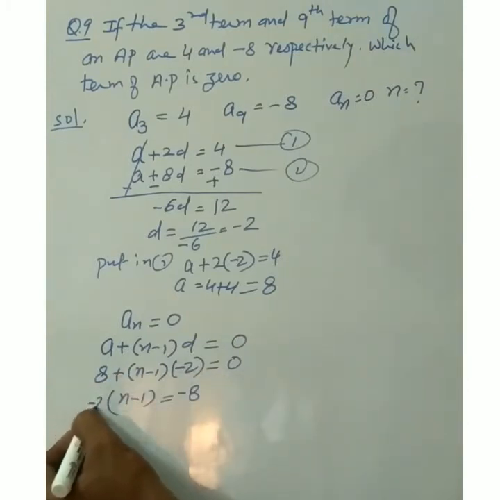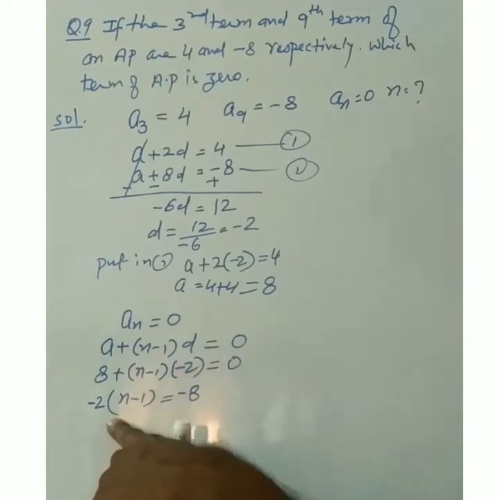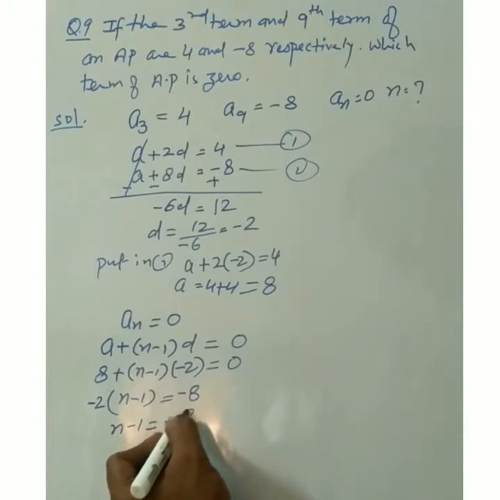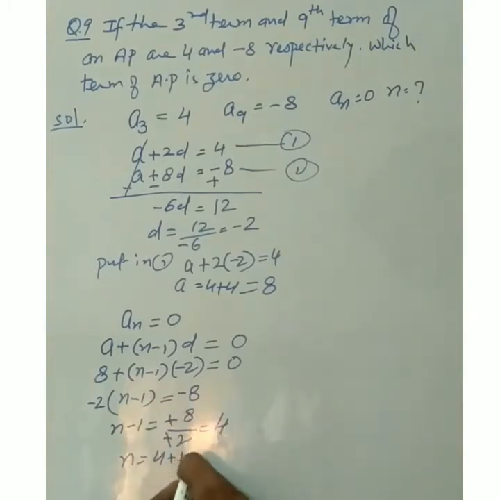N minus 1 equal to minus 8 over minus 2. Cancel it, 4. So n equal to 4 plus 1, becomes 5. Therefore, the fifth term of AP is 0.